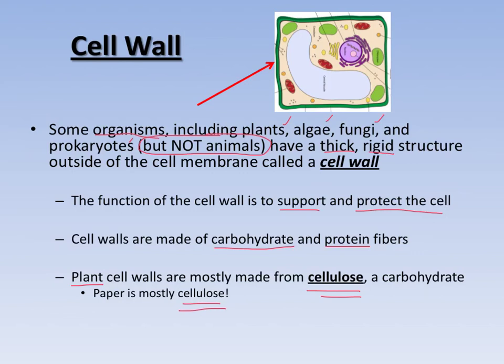Cellulose also can't be digested by the human body, so anytime that you eat a vegetable, lettuce, beans, corn, whatever it might be, part of that doesn't get digested, and you poop that right back out, which is why you may have seen plant things come back out of you before, like corn kernels, because the cellulose doesn't get broken down by your body.